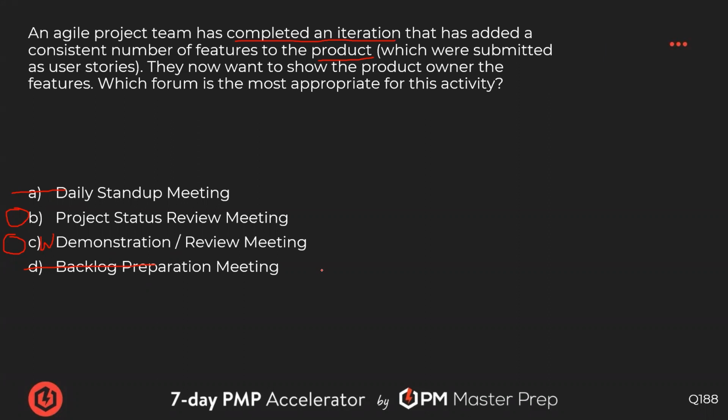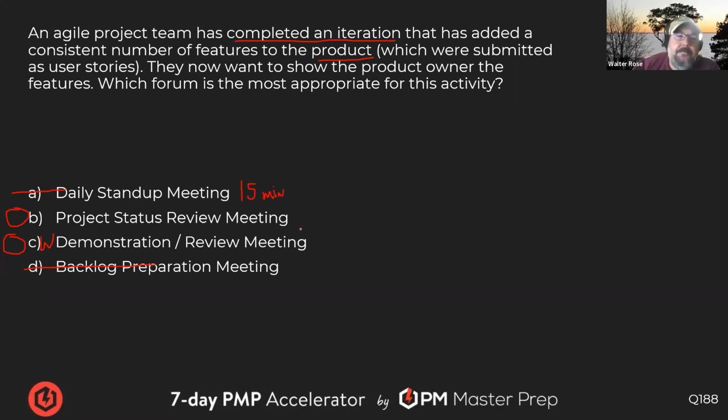So the daily stand-up is the ongoing short, quick check-in while you're in the work with the team. Your project status review is, in my mind, probably with the product owner or the product team, but not necessarily talking about the iteration that you just completed.